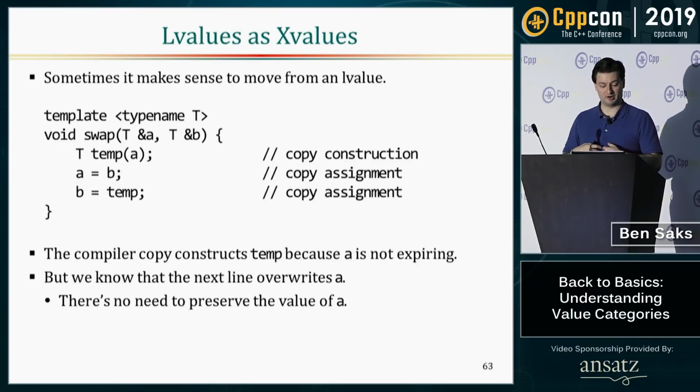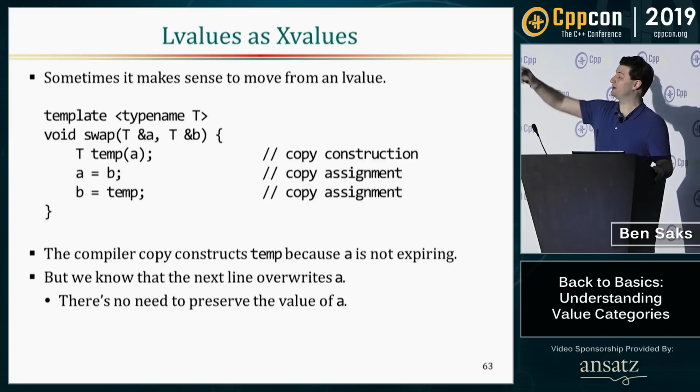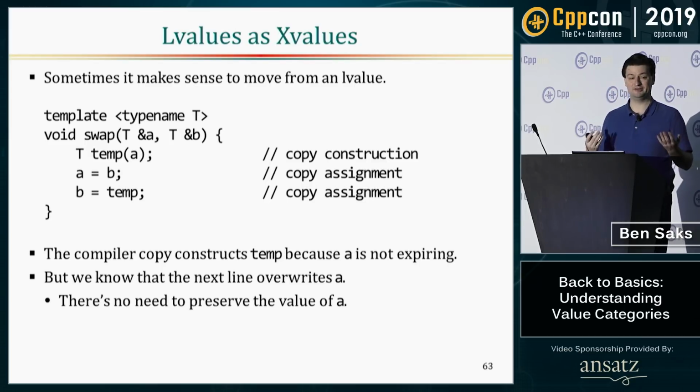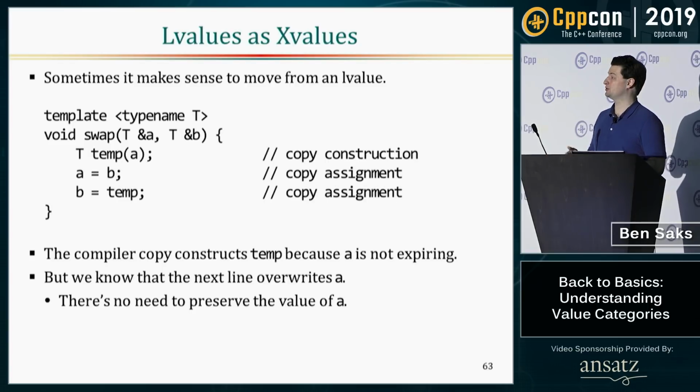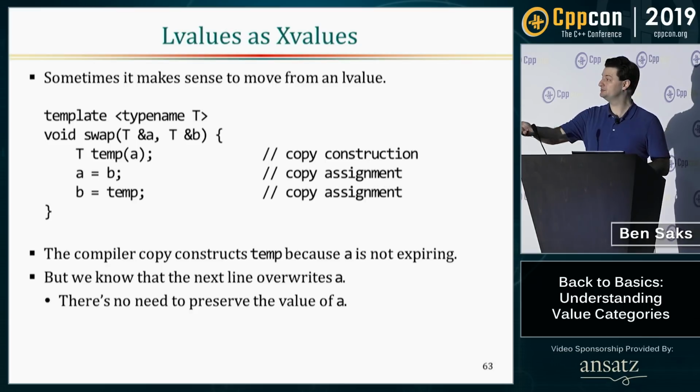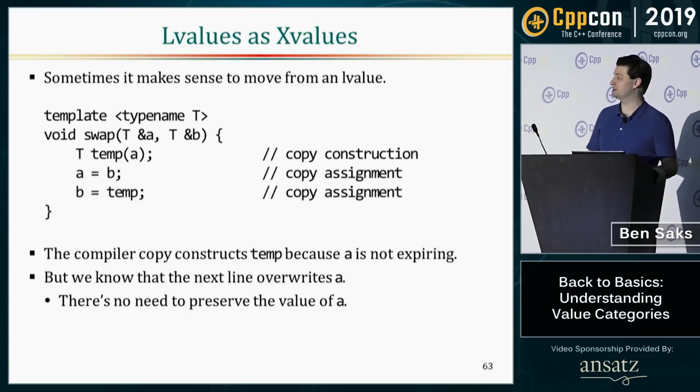But as the programmer, we can tell the very next line overwrites the value of A. There's no need to preserve it. It would be safe to perform a destructive copy, aka a move, when we're copying from A to create temp.